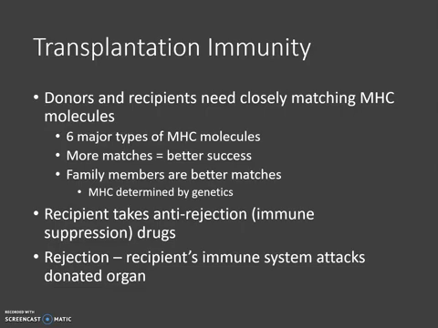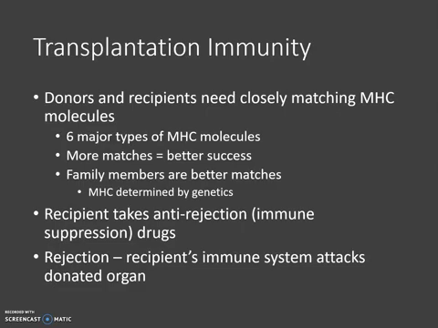So if you remember, the MHC molecules were the molecules that the antigen presenting cells use to present the antigens to the T cells to activate them. So there are actually 6 major types of MHC molecules, and the more MHC molecules that match, the better the success of the transplant is going to be. And the MHC proteins are determined by genetics.